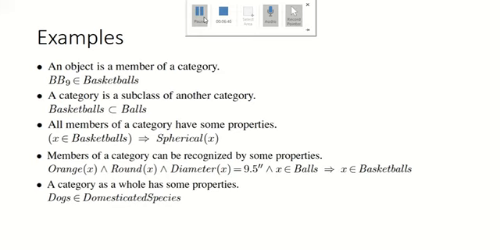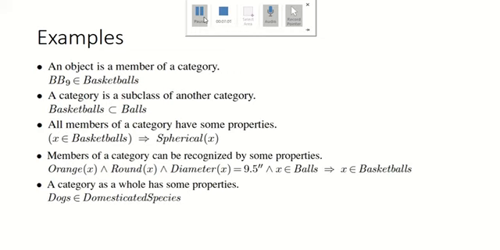Another example is to represent a category as a subclass of another category. Here we take the example that basketballs is a subset of balls, so the representation is what is written in the second point: Basketballs, the subset symbol, and Balls.